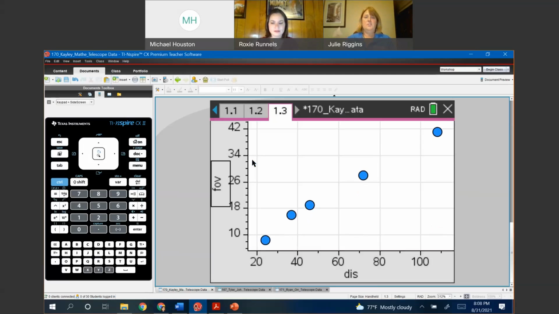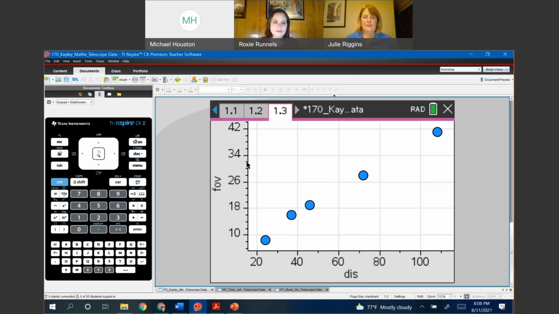As you're monitoring the students when they're collecting data, you can ask them, what should happen if the distance increases? What should happen to the field of view? And they should say, it's going to increase as well. So if they have a data point that might be a little questionable, you might ask them to check that one again to make sure that they have pretty good data.